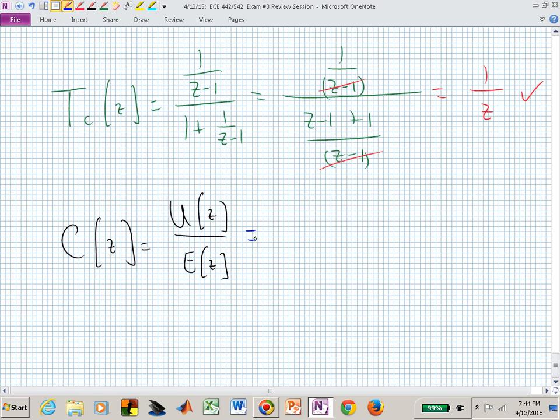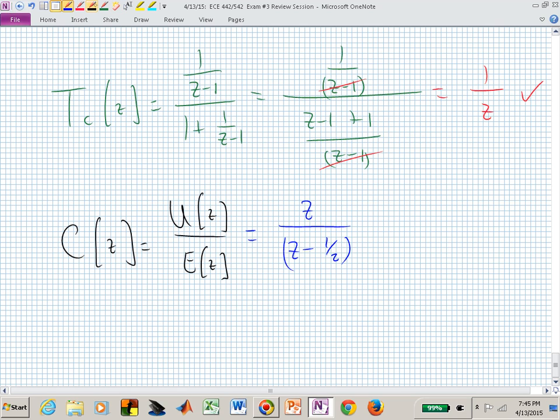This is now equal to whatever it was, which was z over z minus 1 half. And sometimes it's a little bit cleaner maybe to put that in terms of z to the minus 1s. We could do all sorts of things.